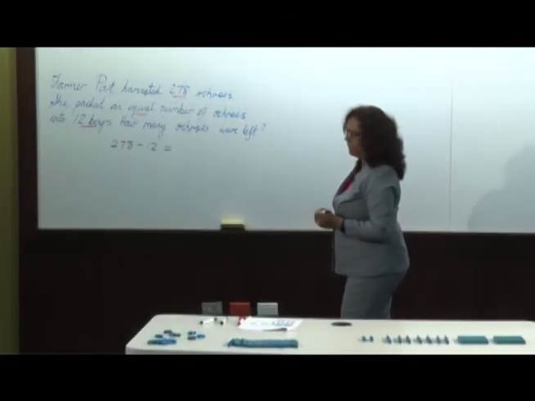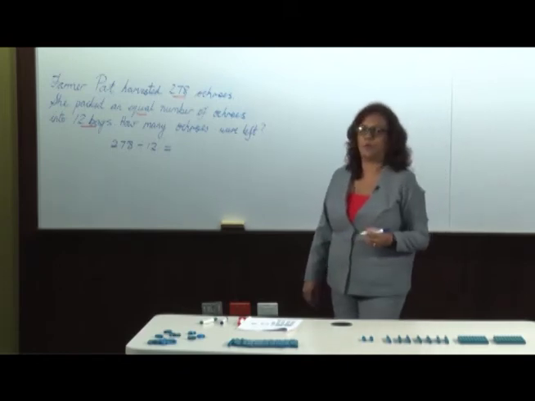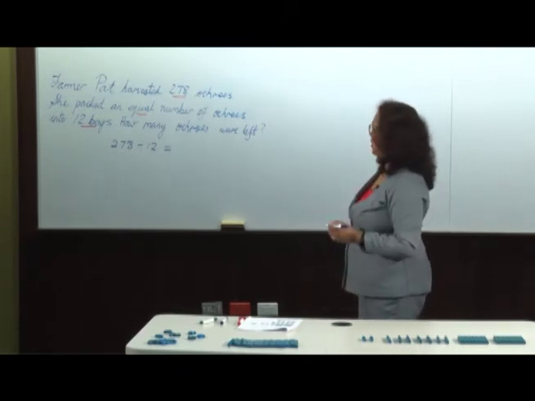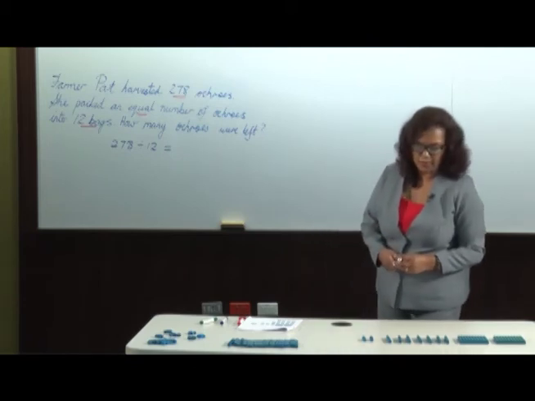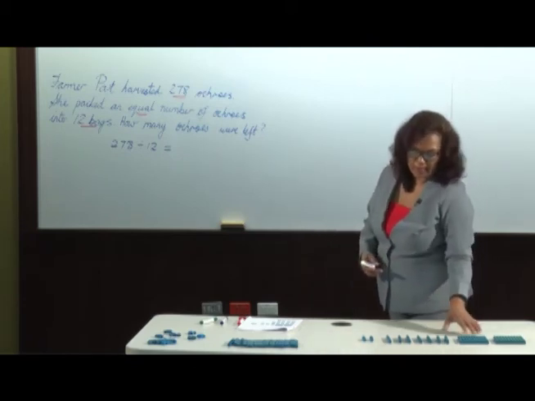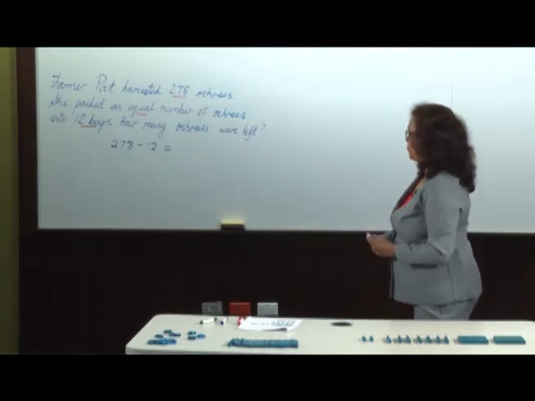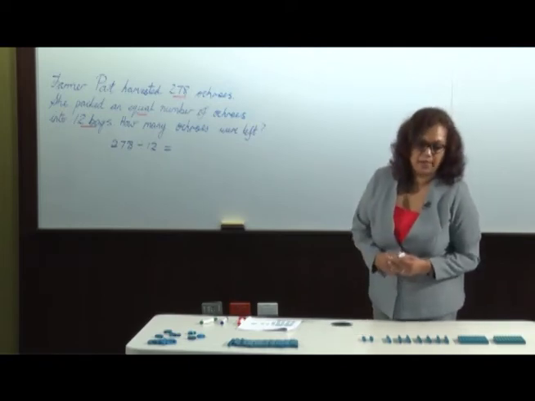So we are doing a division of a 3-digit number now, and we are using a 2-digit divisor. So we are going to model our number first of all. We have our number here, and we are going to try to divide that into 12.